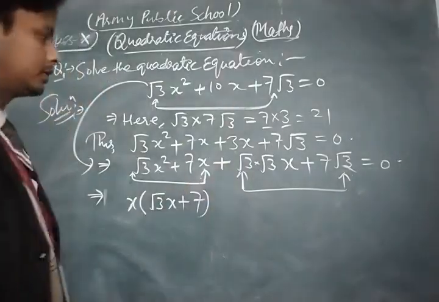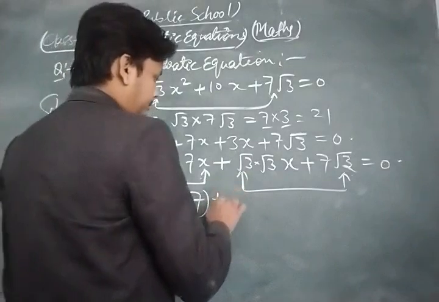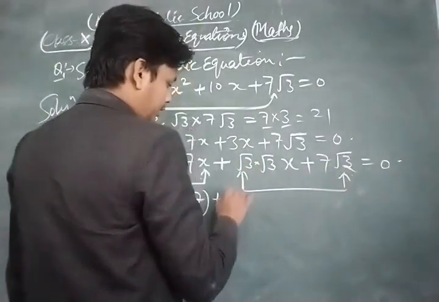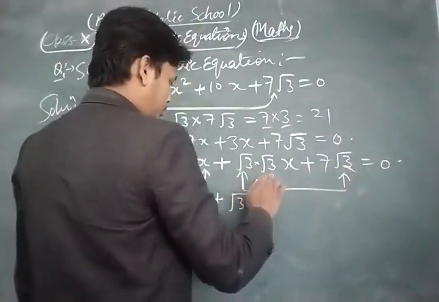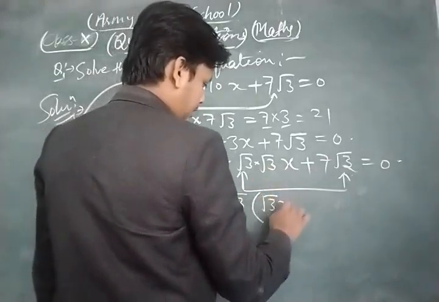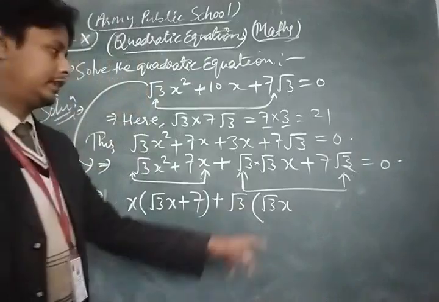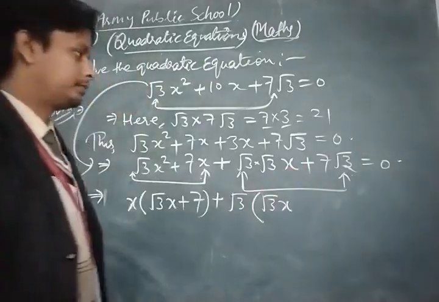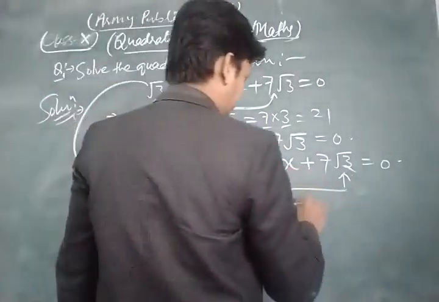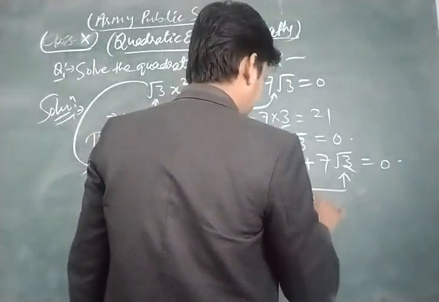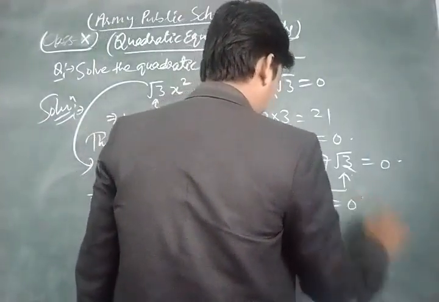Now from these two terms we take root 3 as common, so we get root 3x in the first term plus 7 in the second term, equal to 0.